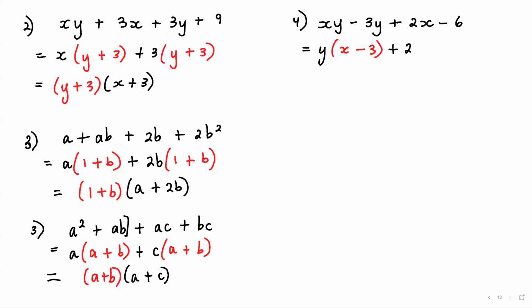In brackets, I will have, well, 2 times x will give me 2x, and then positive 2 times minus 3 will give me back minus 6. Notice the signs. This is the part that students find the most challenging, by the way, mixing up the signs. So be careful with your signs, all right? So you have x minus 3 as your repeated factor, and then it would be times y plus 2.